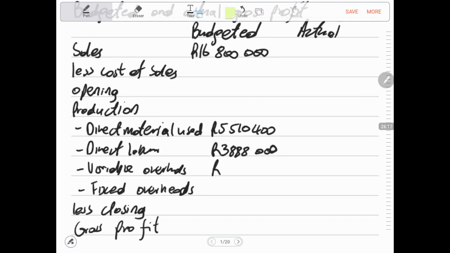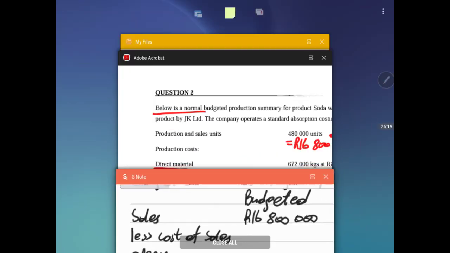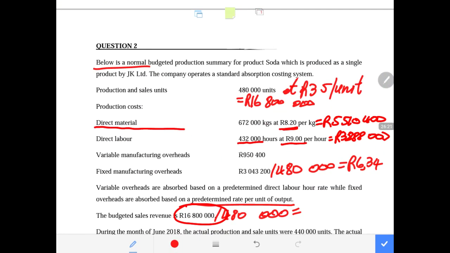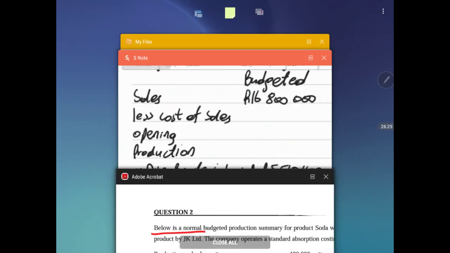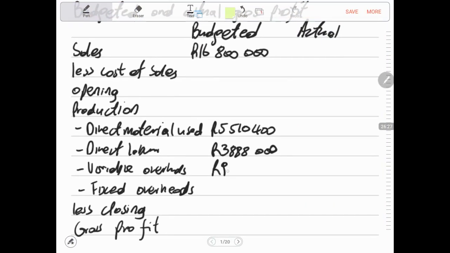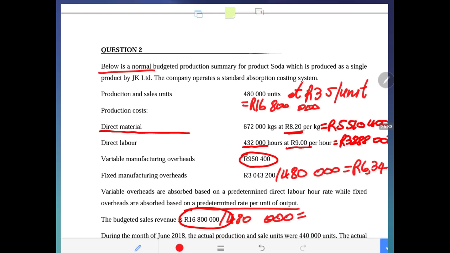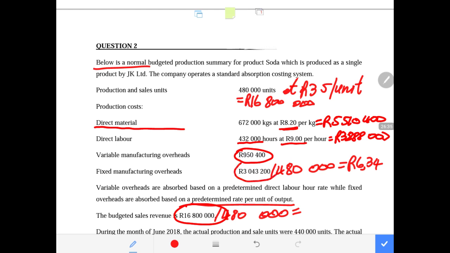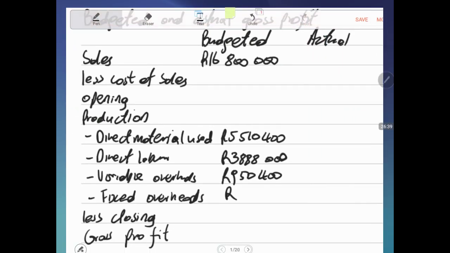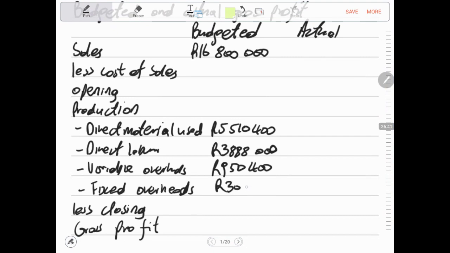Our budgeted variable overheads are already given in total, 950,400. Just copy and place 950,400, together with the fixed overheads that were given in total as 3,043,200.